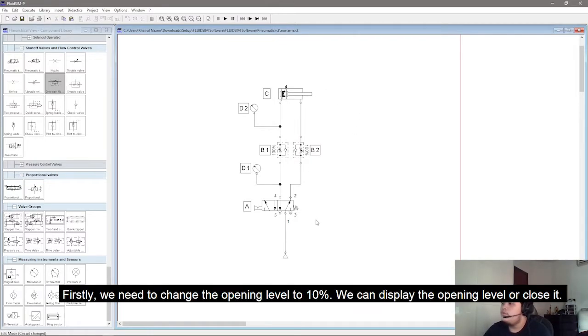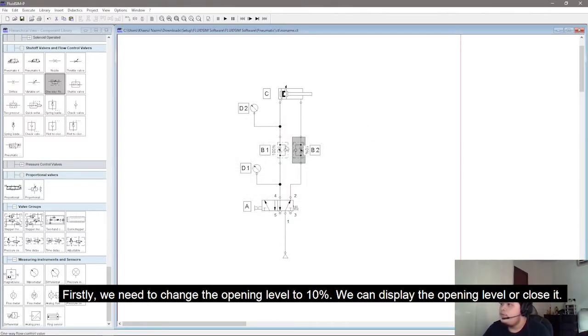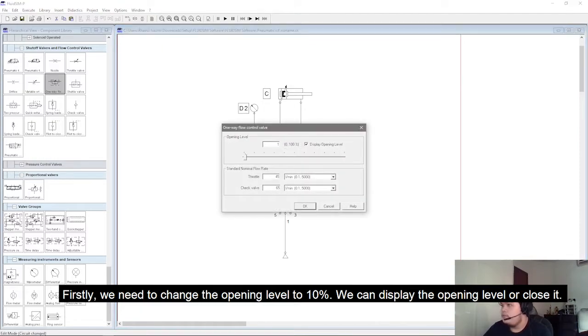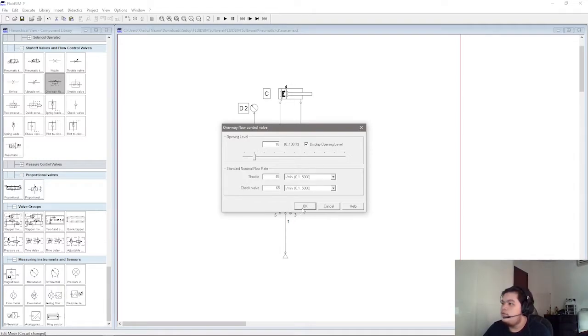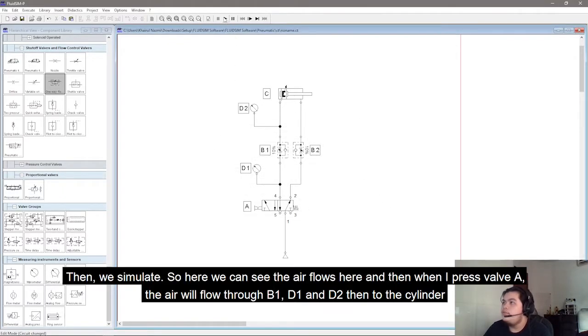Okay, so firstly we will simulate, and we need to change the opening level to 10%. Here we can display the opening level, or we can close it. So I'll just put it on, and then we simulate, press play.